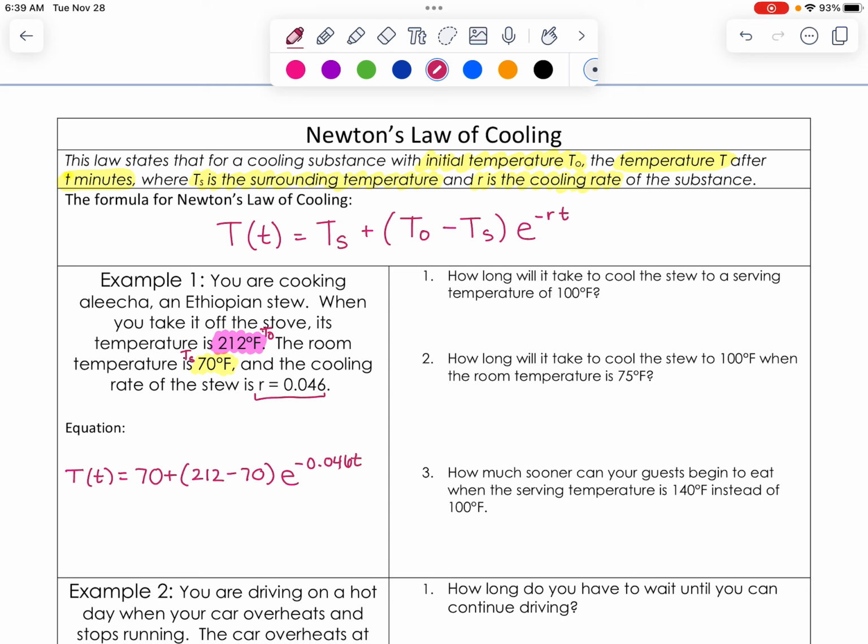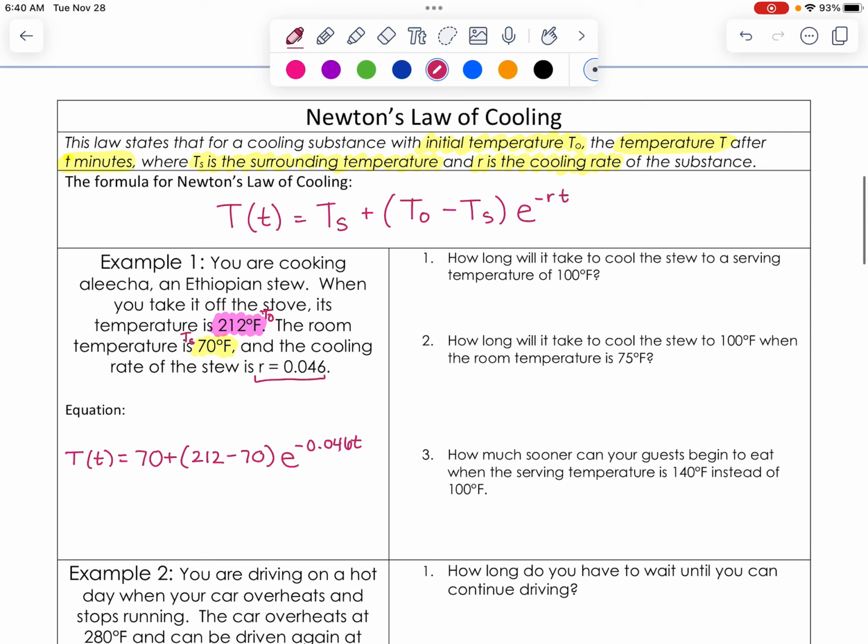So there's our equation for this first example, and we're going to use that to answer questions 1, 2, and 3. So question 1 says, how long will it take to cool the stew to a serving temp of 100 degrees? This right here is what we want the final temp to be, and that's going to be T. And we're looking for how long it will take. That means little t is what we're solving for here.